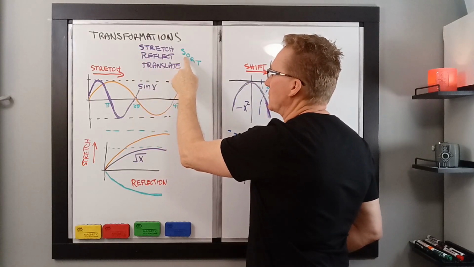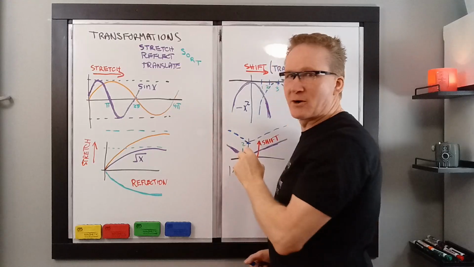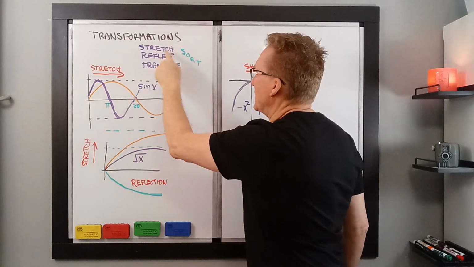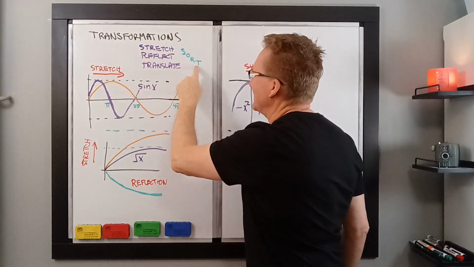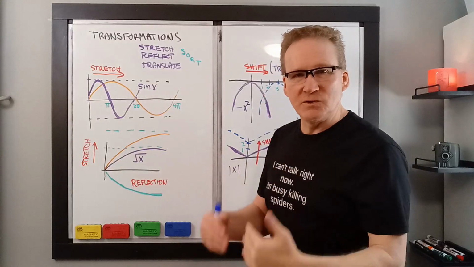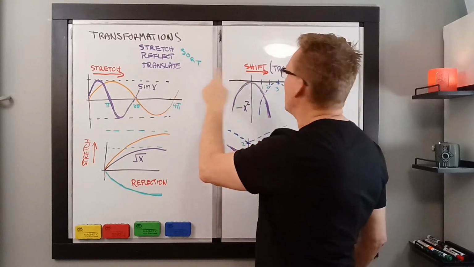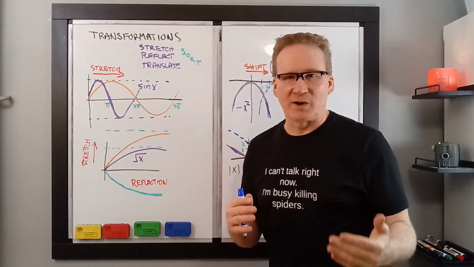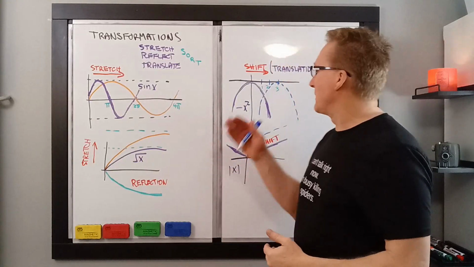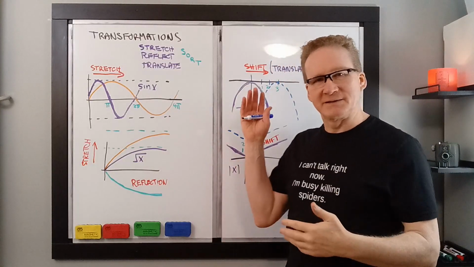You can use the word sort if you want to. The letter O isn't found in this, but the S for stretch, the R for reflect, the T for translate, we're going to do them in that order. So that's why we don't use the word shift. We'll use the word translate. I know the word translate is a little bit unusual. It's maybe one that we wouldn't use in a sense like this.